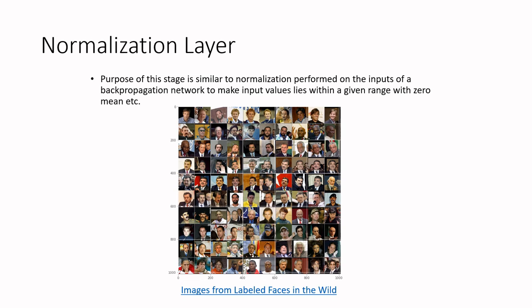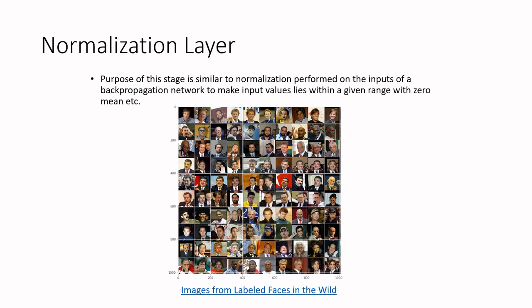So the first stage in the building block I showed you in the previous slide consists of what we call the normalization layer. The purpose of this stage is similar to the normalization performed on the inputs of a backpropagation network to make input values lie within a given range with zero mean, etc. And we have seen this earlier that if we do not normalize the input, learning can be slow, learning may not converge, and so on and so forth.